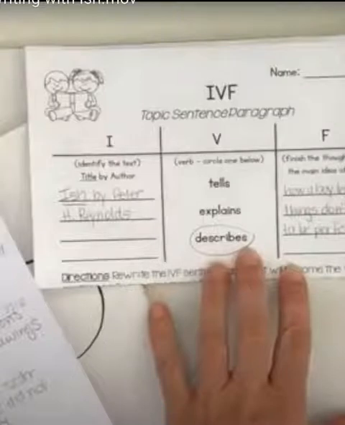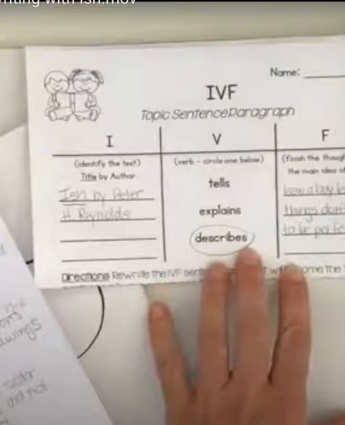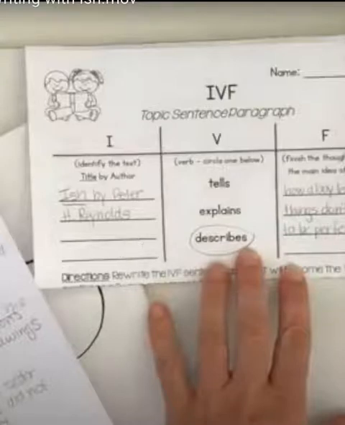All right, so the next step after we have our IVF like this is just going to be to turn it into a complete sentence. Are we okay to continue? Here we go.